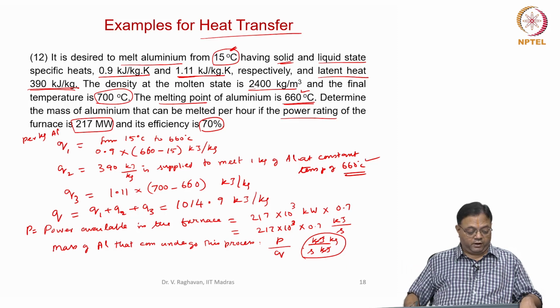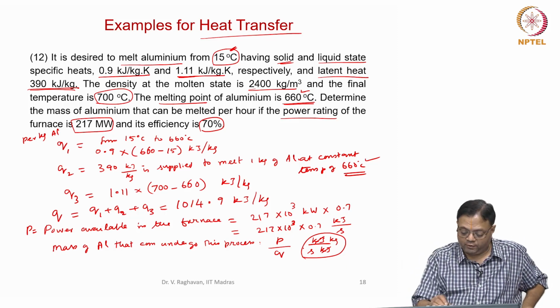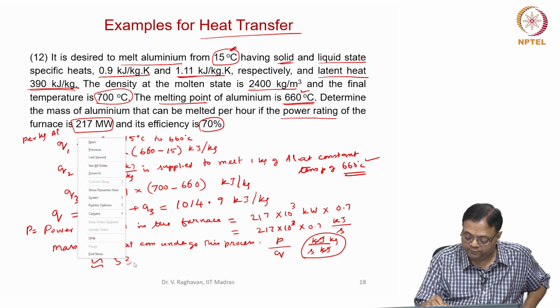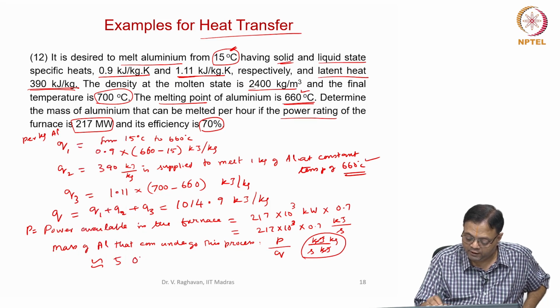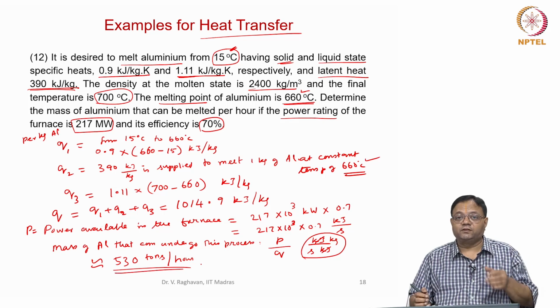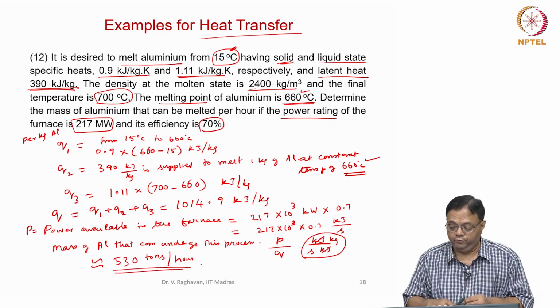From this you can calculate. So this comes approximately to 530 tons per hour. Not in seconds, I am now converting to per hour. So, approximately 530 tons per hour is the value.